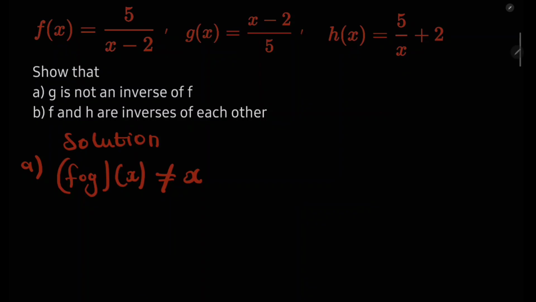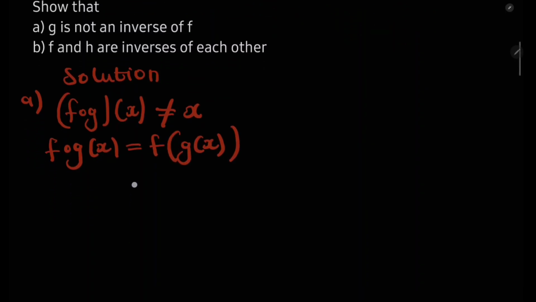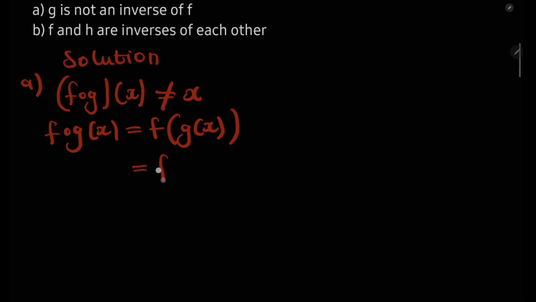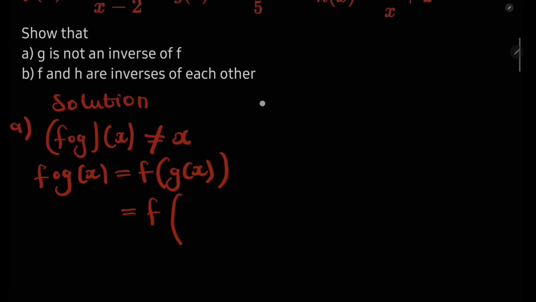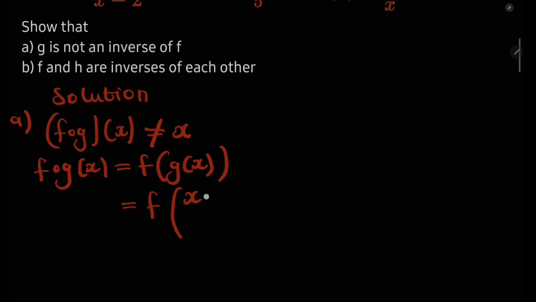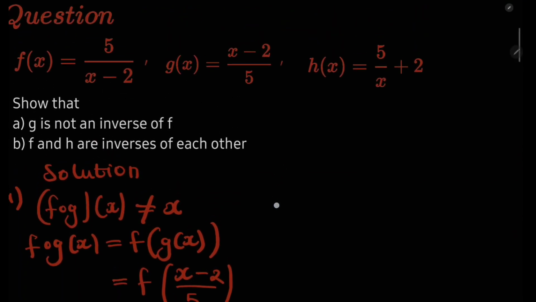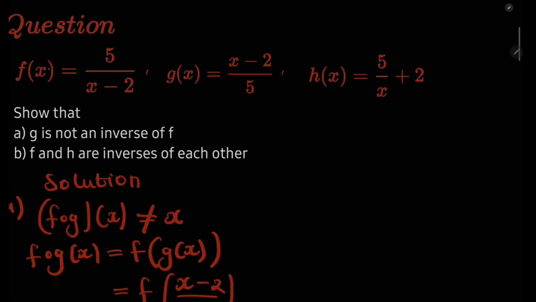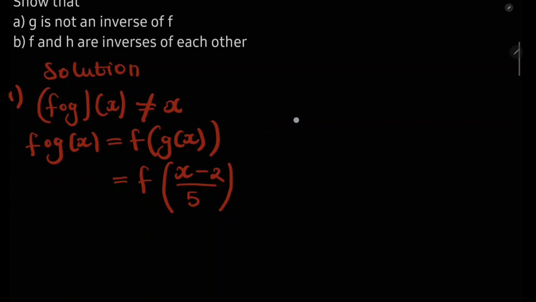Let's start. f of g of x is the same as f of, what is our g of x? x minus 2 on 5. Remember, we are substituting this for x in our f of x function.